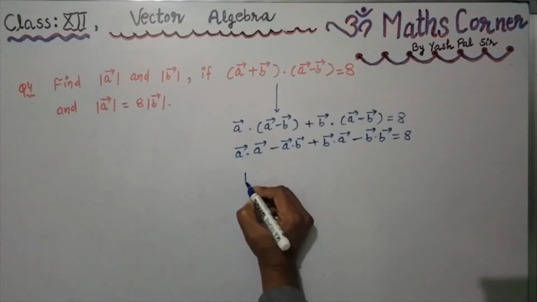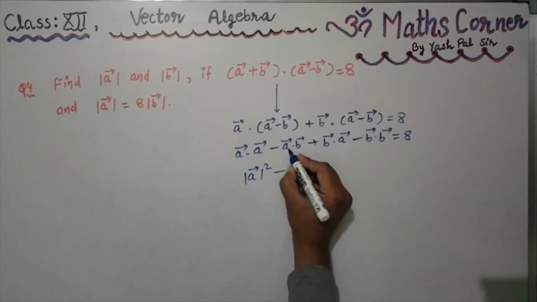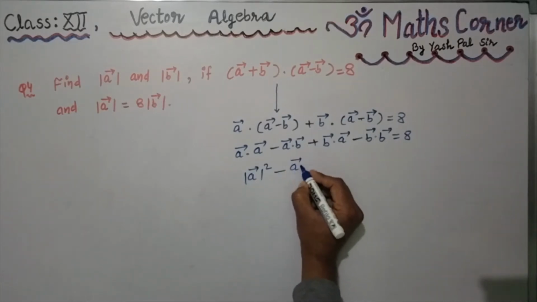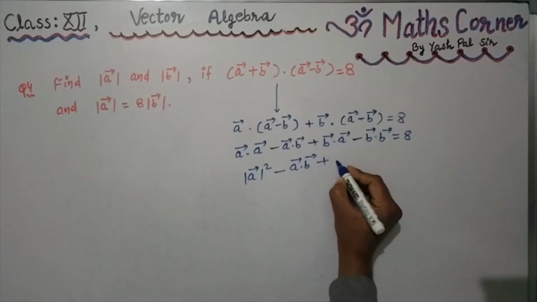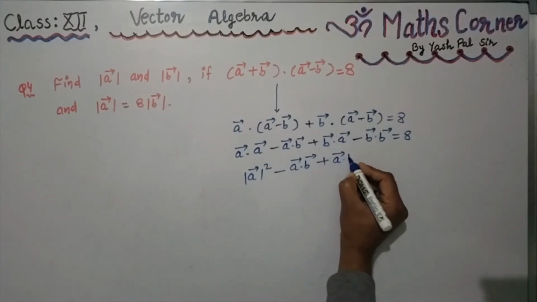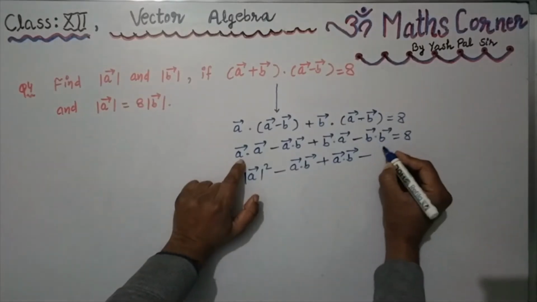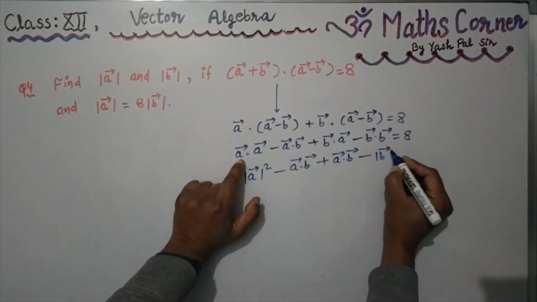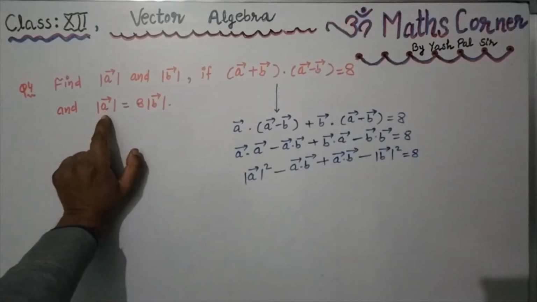Now the meaning of A dot A is magnitude of A whole square, minus A dot B. Here B dot A we can write as A dot B also, minus B dot B, which is magnitude of B whole square, is equal to 8.